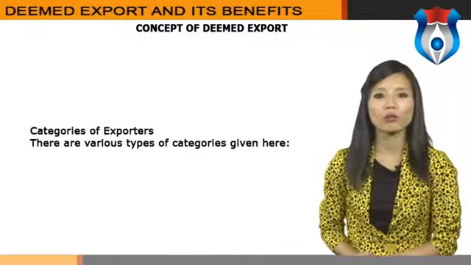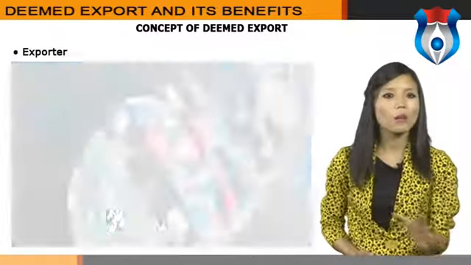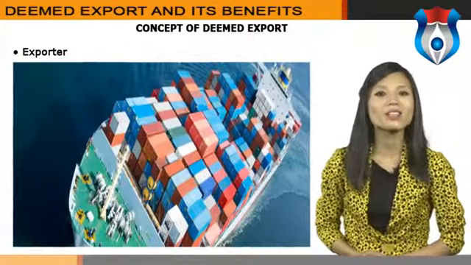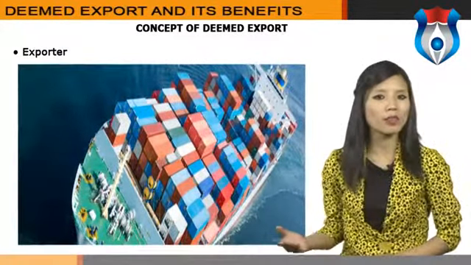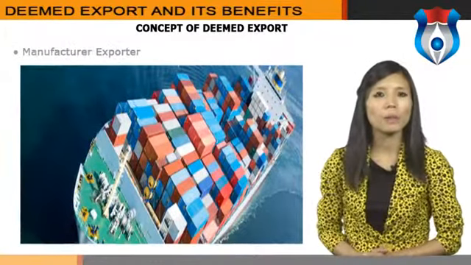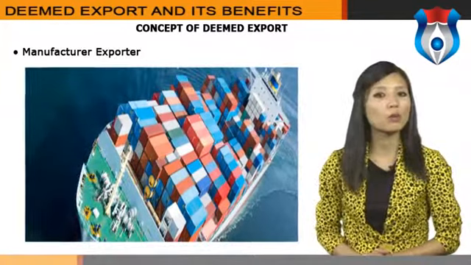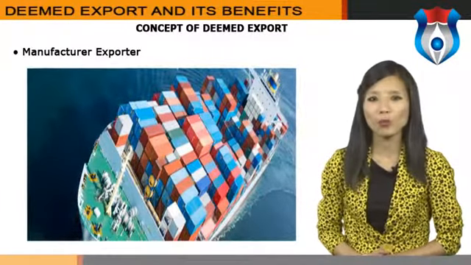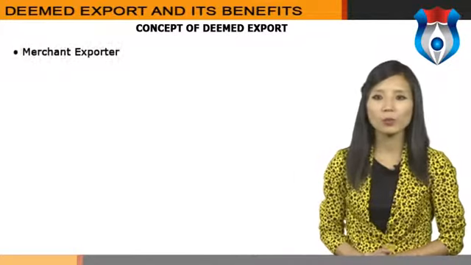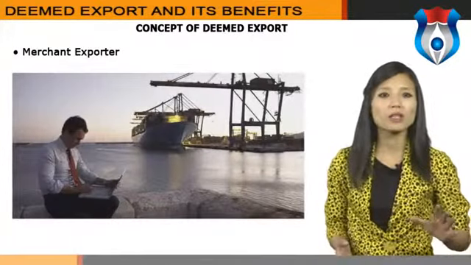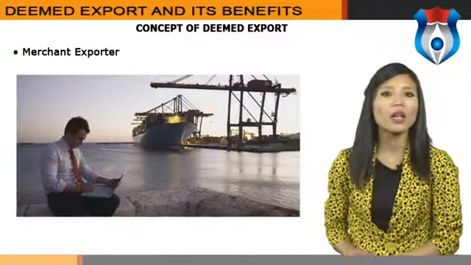Categories of exporters. There are various types of categories given here. Exporter means a person who exports or intends to export and holds an importer-exporter code number unless otherwise specifically exempted. Manufacturer-exporter means a person who exports goods manufactured by him or intends to export such goods. Merchant-exporter means a person engaged in trading activity and exporting or intending to export goods.